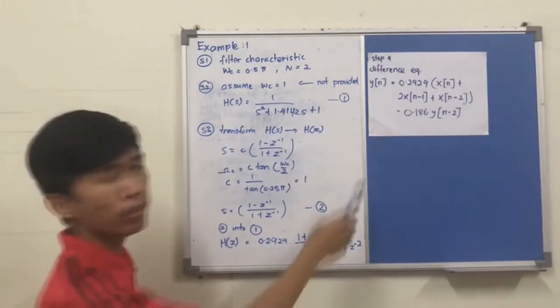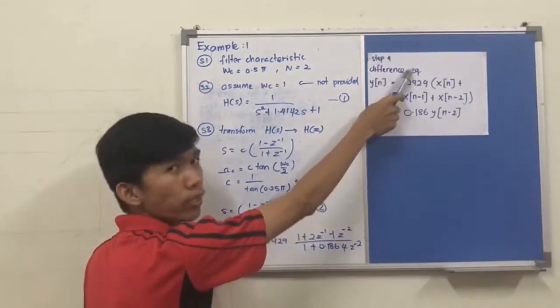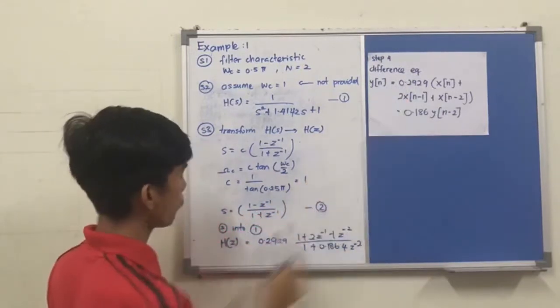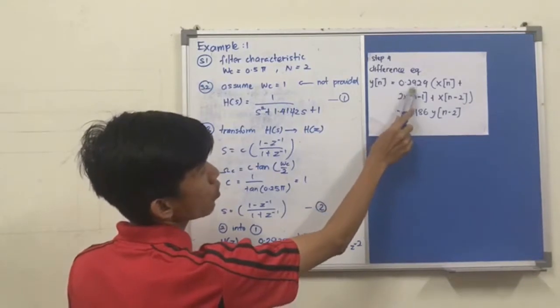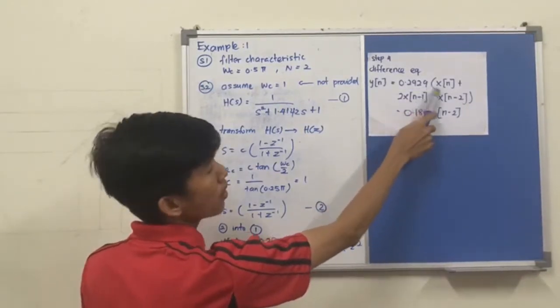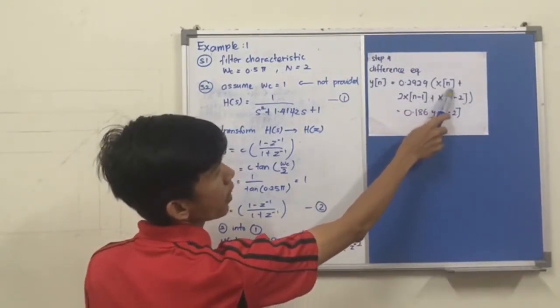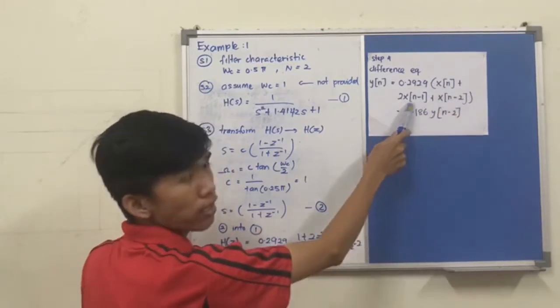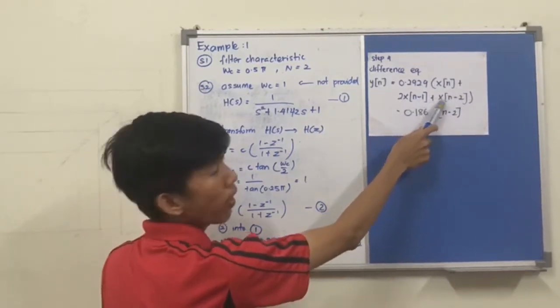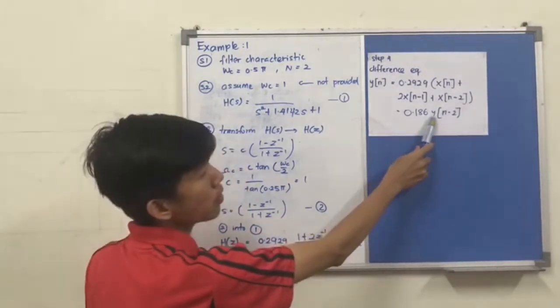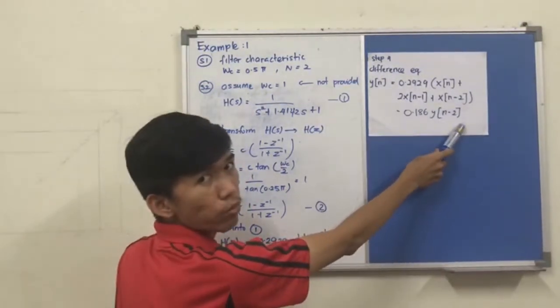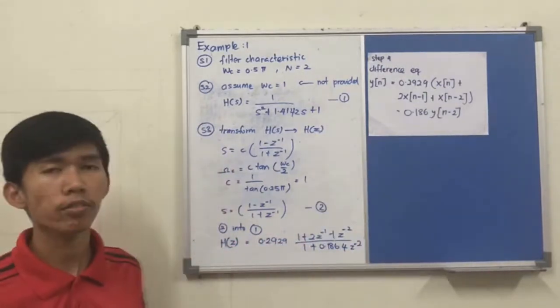And lastly, we get the difference equation from the previous H(z), which is y[n] equal to 0.2929 times (x[n] plus 2x[n-1] plus x[n-2]) minus 0.164y[n-2]. Okay, that's all for example 1.